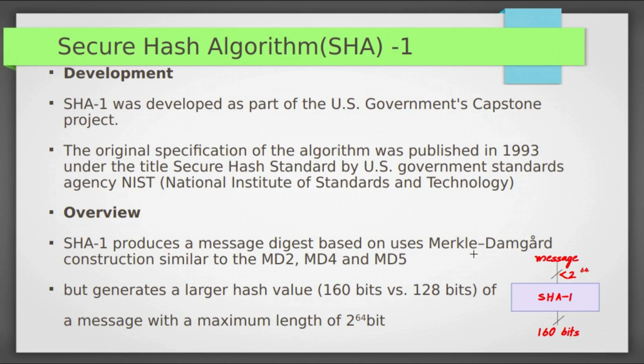It uses the Merkle-Damgård construction like MD2, MD4 and MD5. It takes a message with maximum length 2 power 64. It generates a hash value of 160 bit as output. It is 128 bit in MD5.